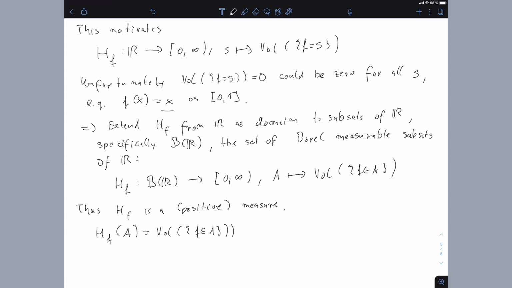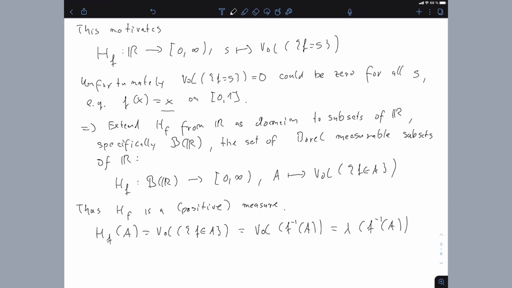So that's the definition, the volume of the set where F takes values in A. This is the volume of the pre-image of A under F. And this volume is just the Lebesgue measure of the pre-image.